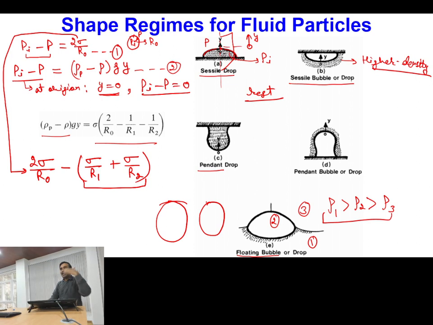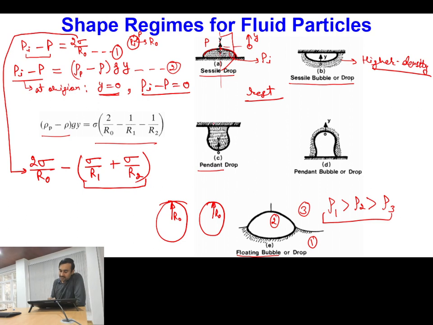So any two mutually perpendicular planes I take, which are lying at this point of origin, which is the top tip of this particular drop, I will find that the radius of curvature will be the same, and it will be equal to R naught.